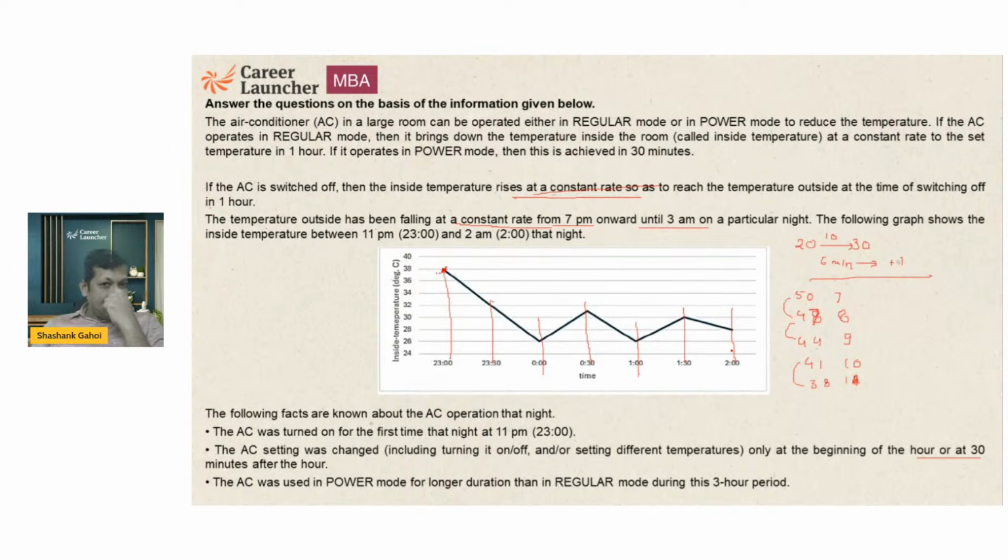It is saying the setting can be changed, not necessarily will be changed. From 11 to 12, it can be changed at 11:30, or there are chances they are not changing it at 11:30. So it can be done, but not necessarily. This is what it says.